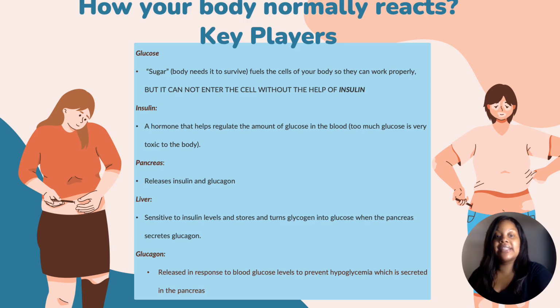So let's talk about the liver. The liver is sensitive to insulin levels and stores and turns your glycogen into glucose when the pancreas secretes glucagon. All right. So, for example, if the body has increased blood glucose levels, or the body has increased insulin in the blood, the liver will absorb and store the extra glucose for later. So please remember, we're going to call your liver a storage, right?